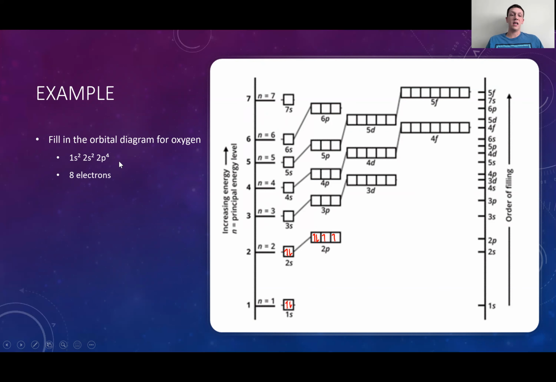Let's say I didn't have the electron configuration, then I could use this information and say, okay, I have 2 electrons in the 1s, 2 in the 2s, and then 1, 2, 3, 4 in the 2p, and then I can write it like this. The orbital diagrams are just a helpful way to both visualize it and then put it into practice.